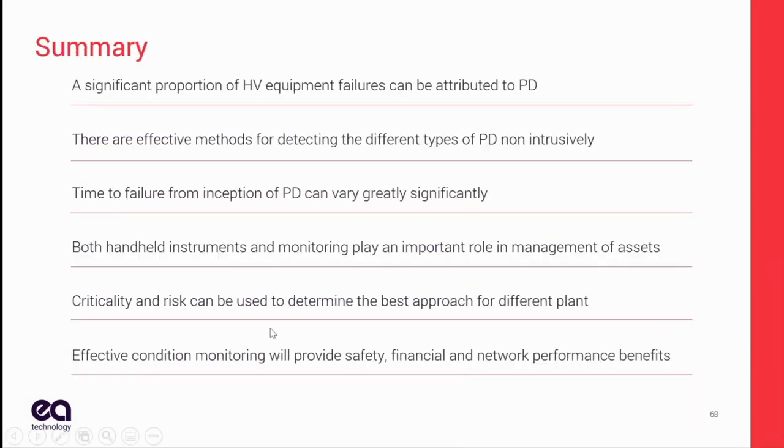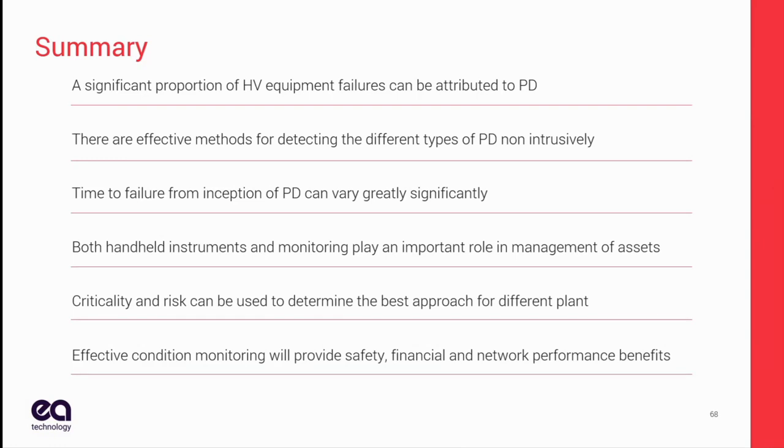So my last slide summary is, what did we learn? A lot of HV equipment failures can be attributed to PD, and there are effective methods for testing cables for PD non-intrusively. We don't know the time to failure after it starts, so we want to do a little asset management and determine the critical ones that might need full-time monitoring, and then other ones that might need periodic monitoring with a handheld instrument.